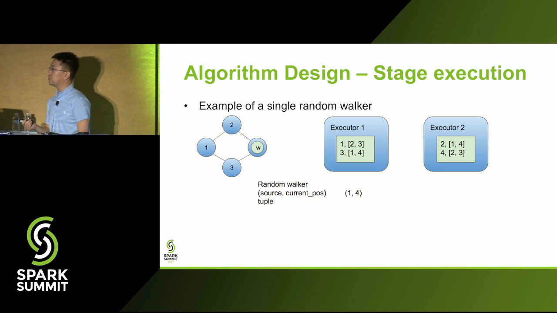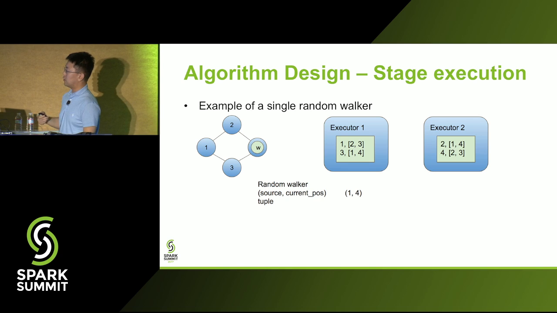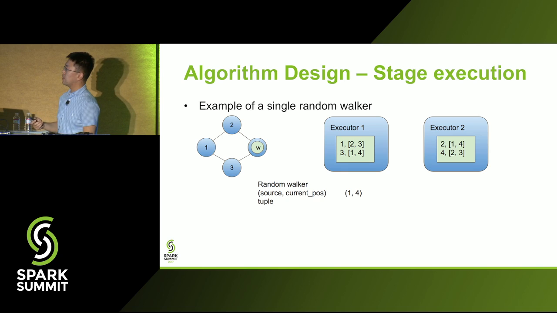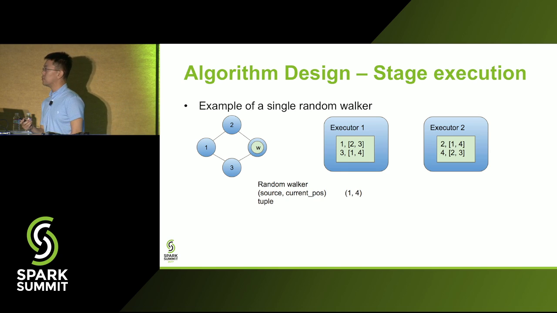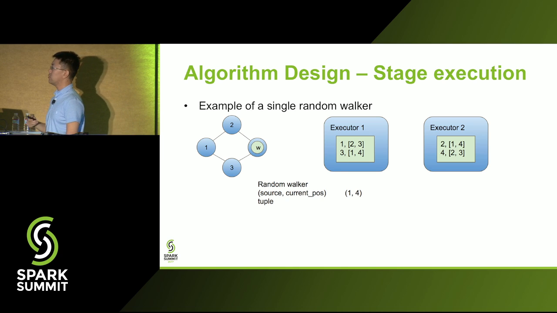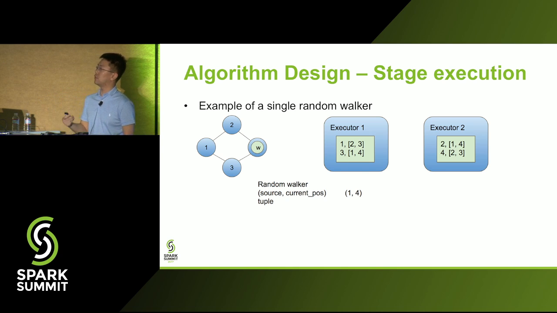This keeps track of the sequence of steps the random walker has taken, and each pair represents the random walker's source position as well as current position. Now when the random walker moves to vertex 4, which is on a remote processor, it needs to be sent over to executor 2 in order to continue the algorithm.